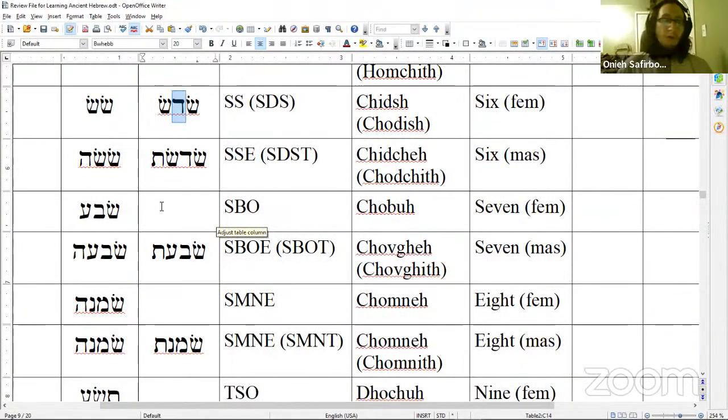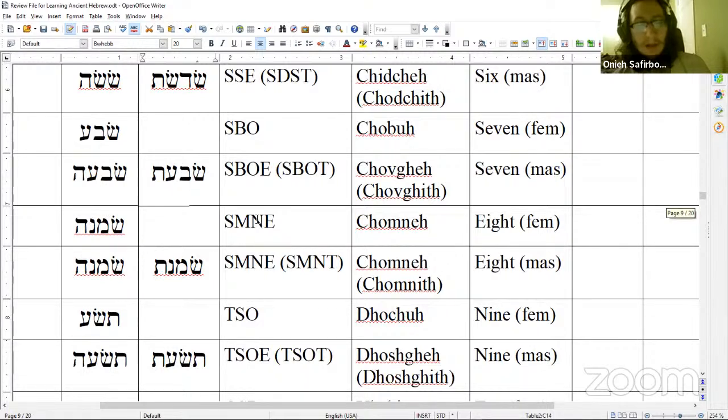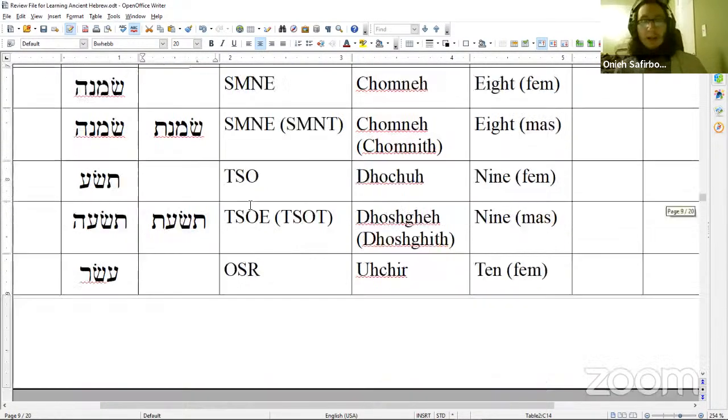And feminine form of 7 is Chaba. Masculine form is Chavra, originally Chavith. And then the feminine form for 8 is Chamna. The masculine form is Chamna as well, but originally it was Chamnith. And then the feminine form for 9 is Dhacha.